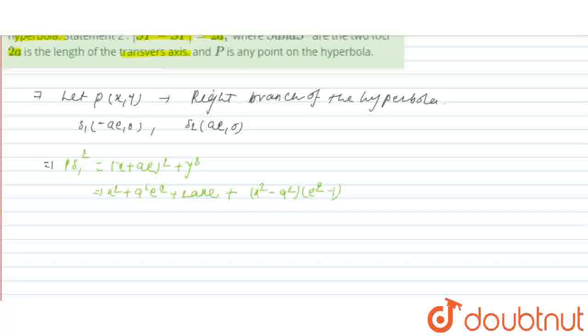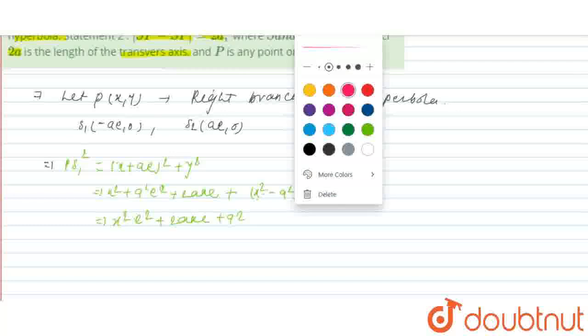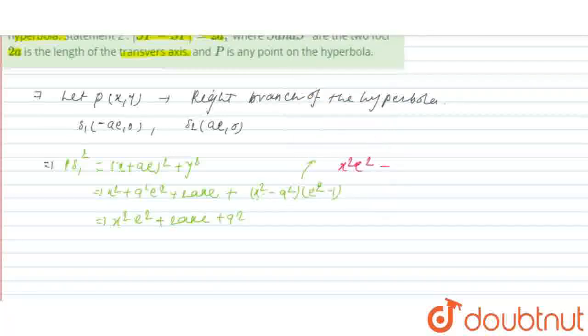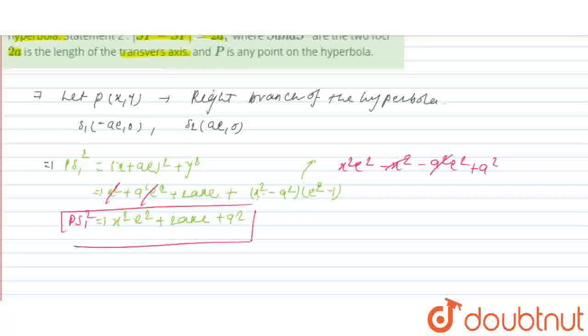Now if you open it, x squared into e squared plus 2axe plus a squared. The x squared terms cancel, and we get PS1 squared equals this.